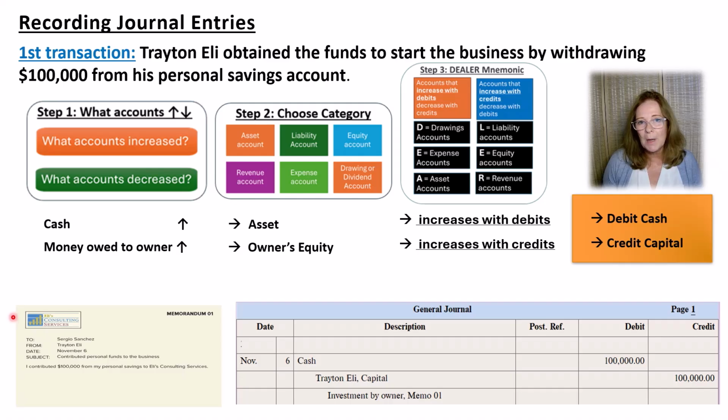Additional documentation might be the deposit into the business's bank account and legal documentation that shows Trade and Eli gave Eli's Consulting $100,000. Accountants care about the supporting documentation and the audit trail, which is a chain of references that makes it possible to trace information, locate errors, and prevent fraud. The audit trail provides a means of checking the journal entry against the original data on the documents.